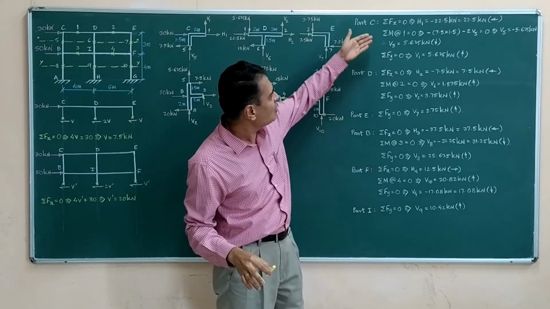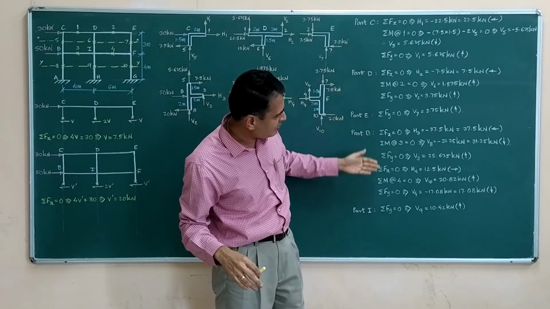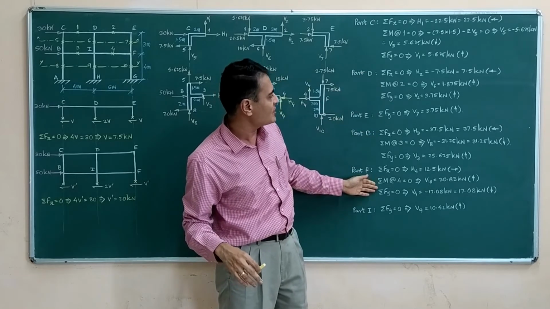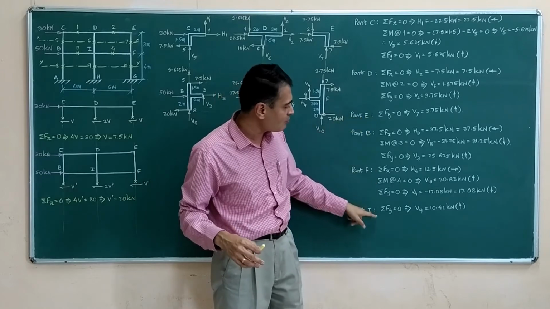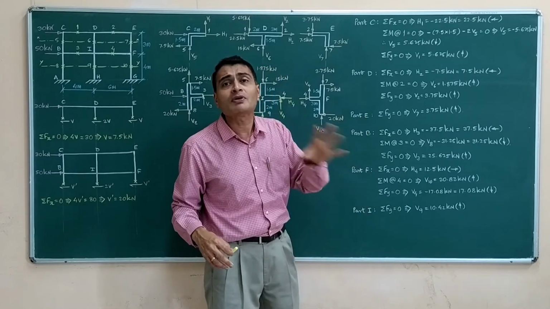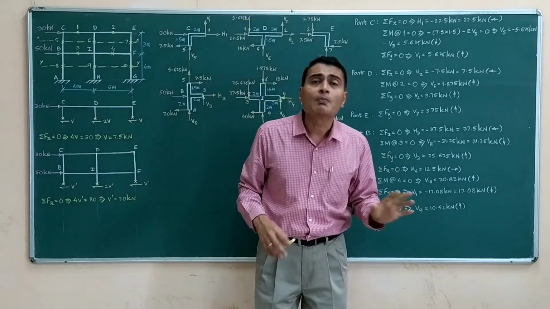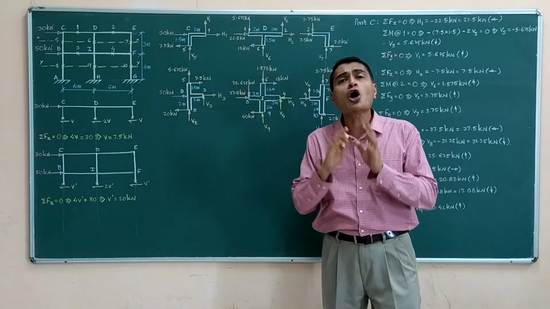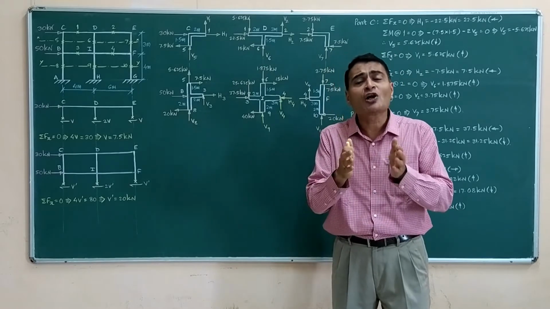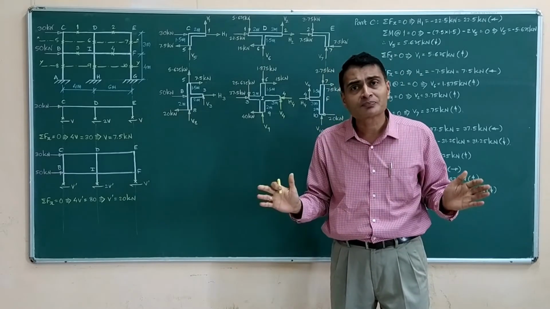So at 4 places you are applying 3 equations, that is 12 equations, 13 and 14. Nearly 14, 15 equations you are solving. But you are getting all axial forces and all shear forces at points of contraflexure.